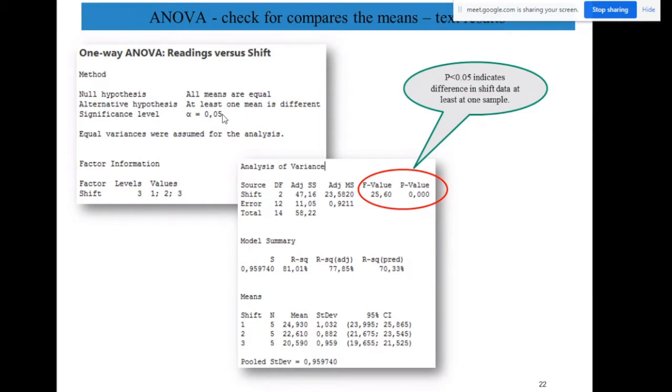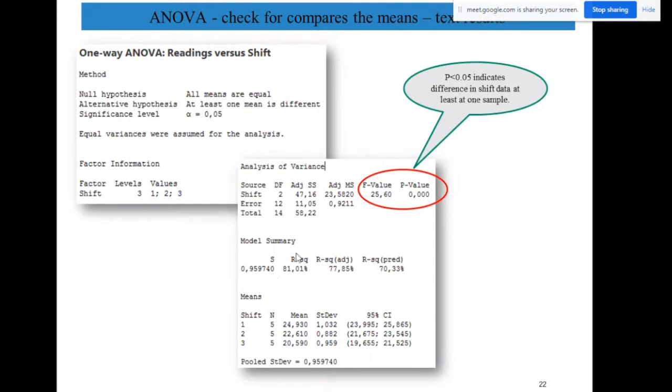Here we have the ANOVA table: the degree of freedom, the sum of square, and adjusted mean square. F ratio is mean square between divided by mean square within. The higher the F value, the lower your P value. R square is the sum of square between group, that is shift, divided by total.